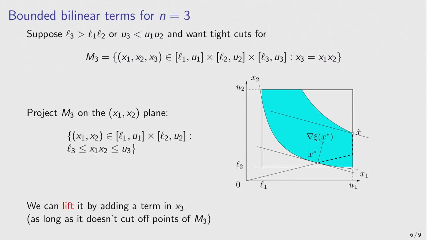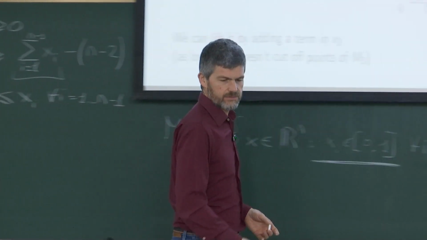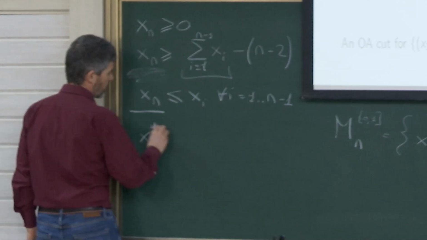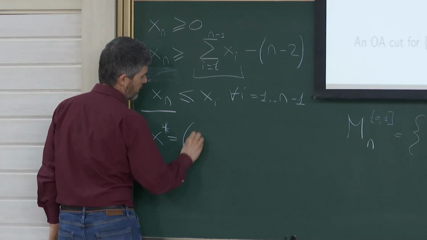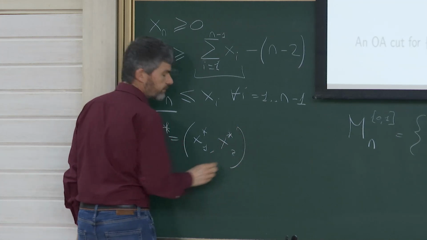So what is the outer approximation cut of the two-dimensional set? The gradient at point x star, so let's suppose we have an x star that's equal to x star 1, x star 2.